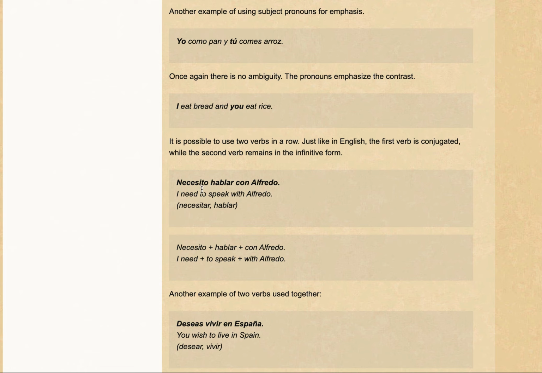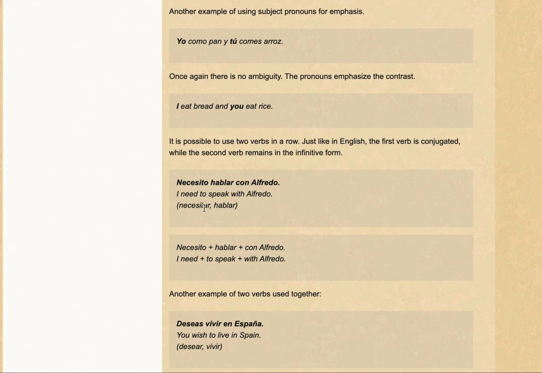The first verb is conjugated in the sense that necesitar is a regular AR verb, and in terms of conjugation, we drop the ending and then add something to it.